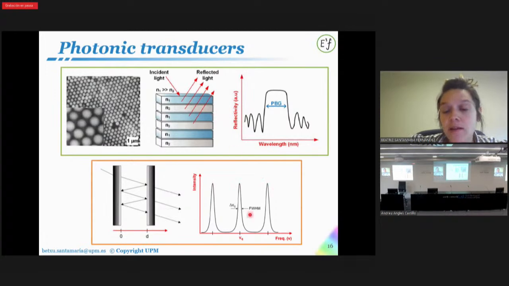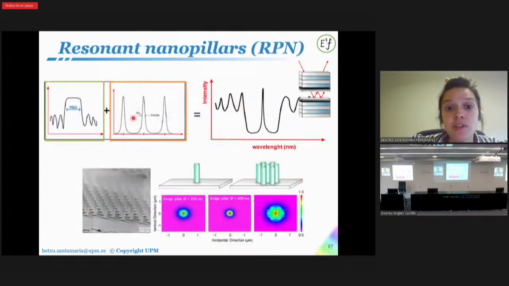If we combine these two techniques, we finally achieve this kind of spectra where there is a photonic bandgap, but also this resonant peak that will be very easy to monitor by our device.